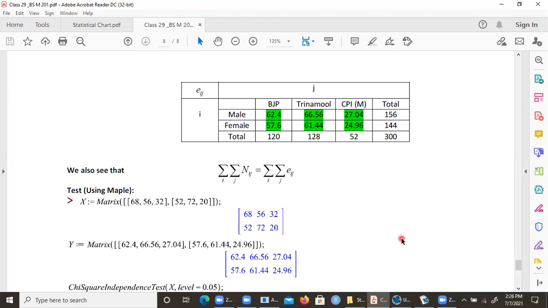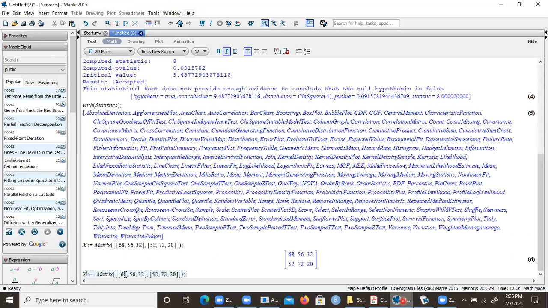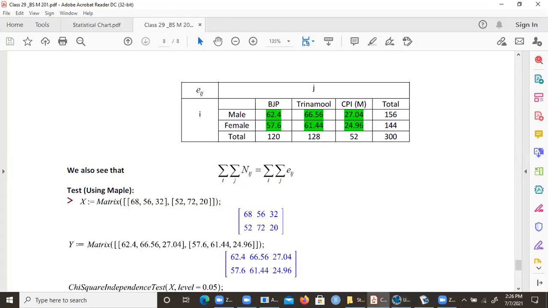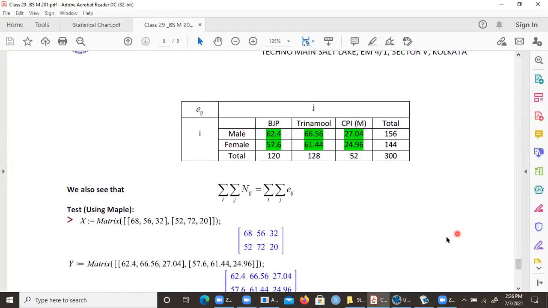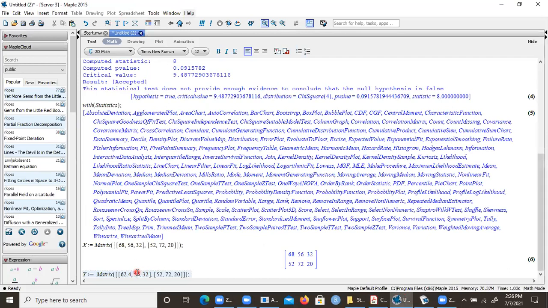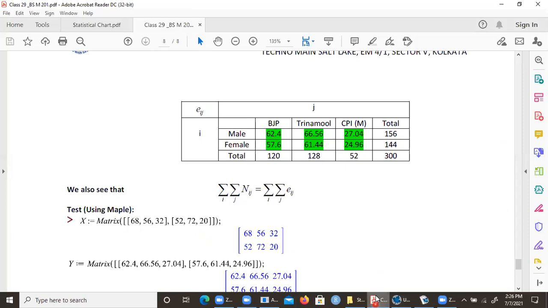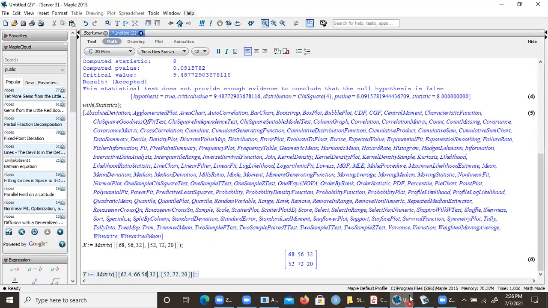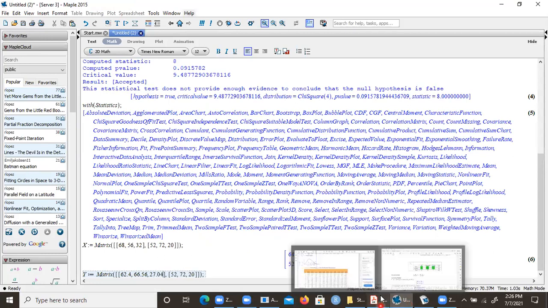Let me put the input, the values calculated over here. So 62.4, and then the next value is 66.56, and the third value is 27.04. This gives your first row.